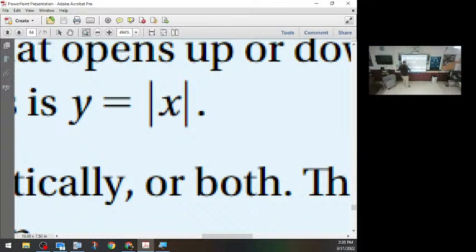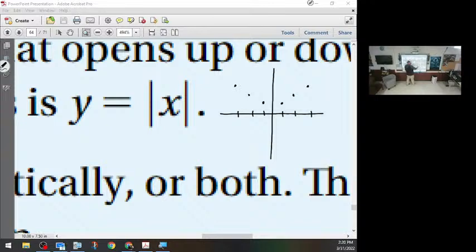If I graph the absolute value of 1, it's 1, of 2 is 2, of 3 is 3, but what's the absolute value of negative 1? 1. What's the absolute value of negative 2? Negative 3? What's the absolute value of 0? 0.